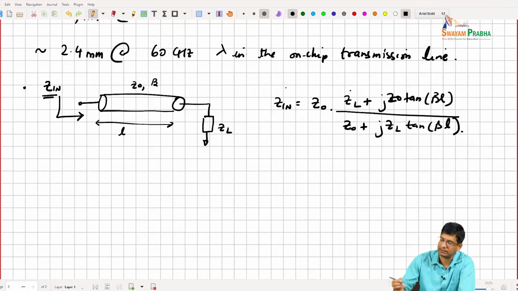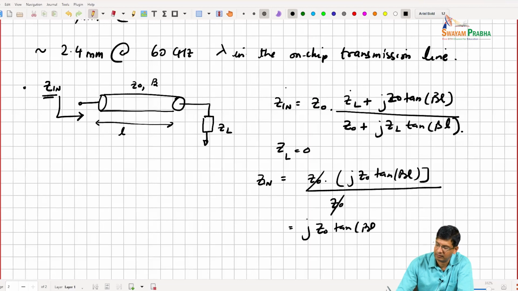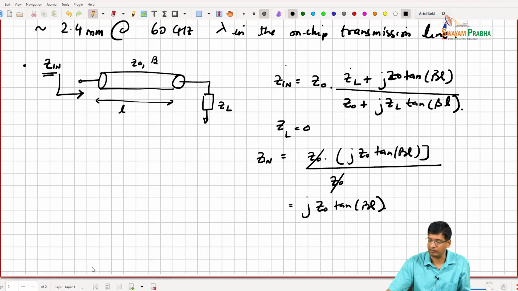This can be quite useful in some specific cases. For example, consider a case when ZL is 0. Then Zin is Z0 times jZ0 tan βL divided by Z0, so it is nothing but jZ0 tan βL. Effectively, it is an inductance, because it is an imaginary impedance.